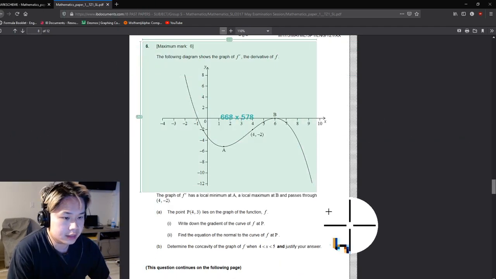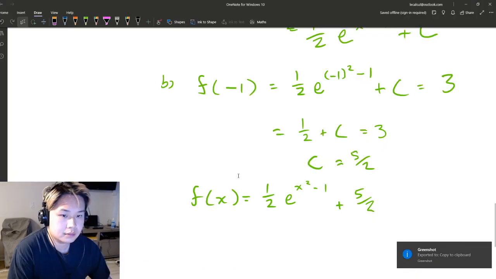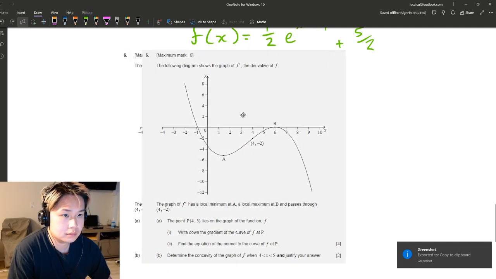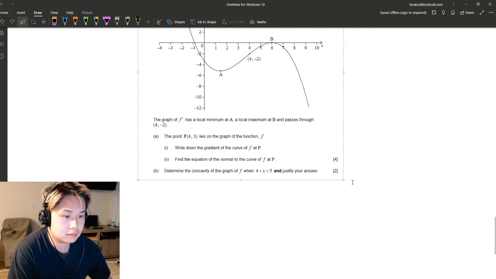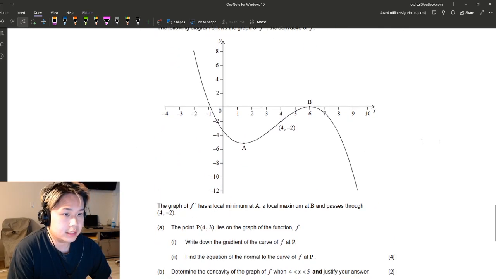And then another calculus question. Okay, so here's a graph of the derivative of a function.